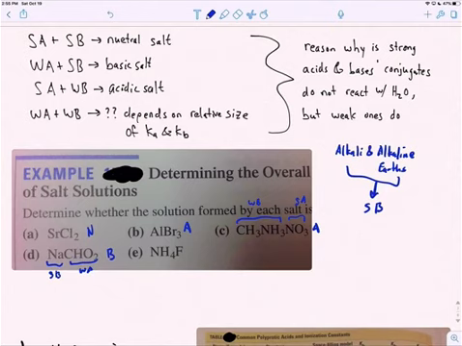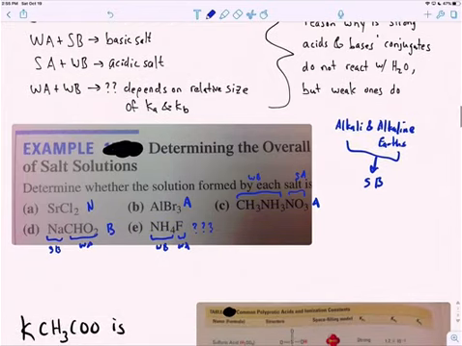Now, for ammonium fluoride, you can't tell off the top because you have a weak base and a weak acid. So you have to look at the different strengths of these.